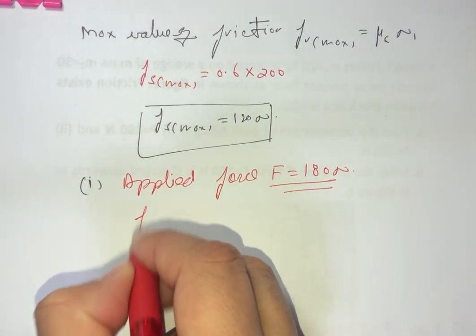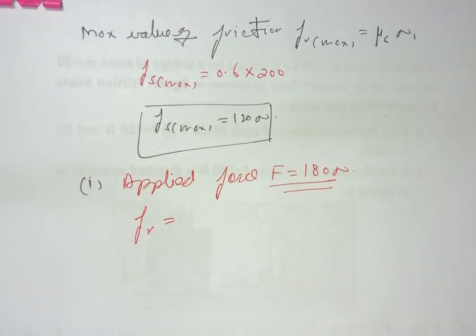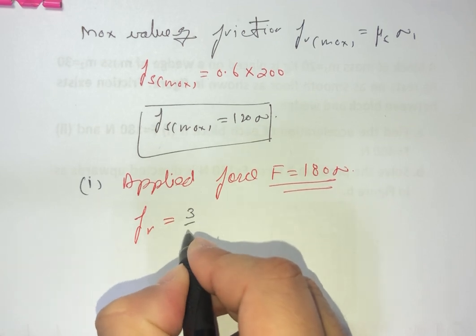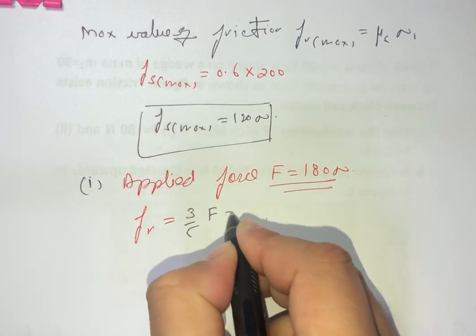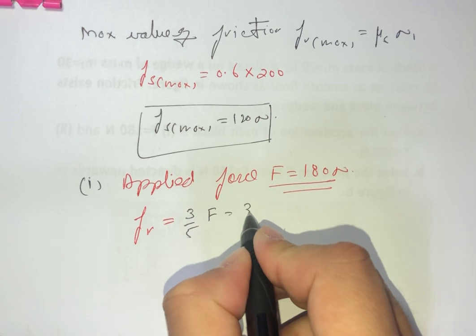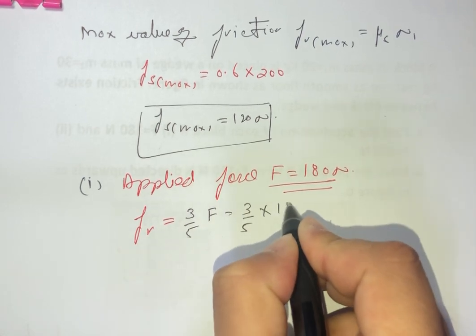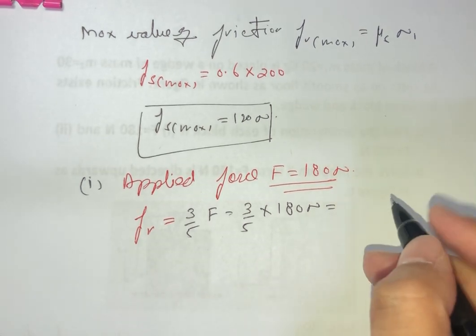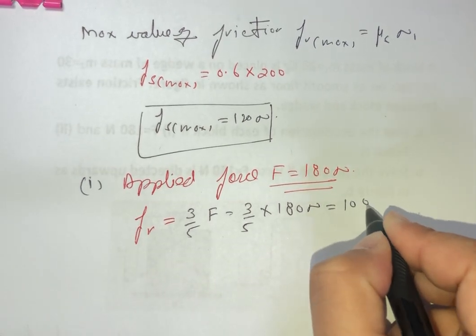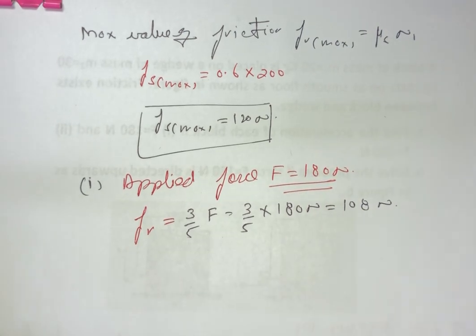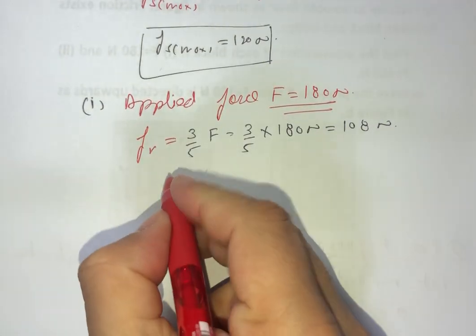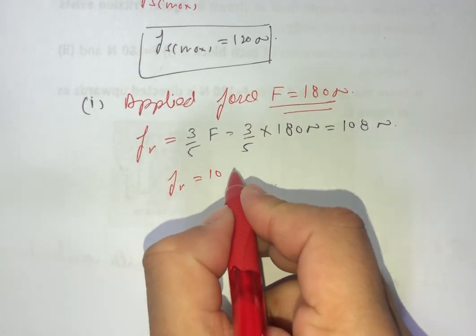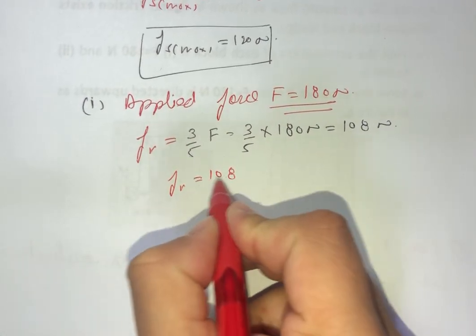We can say that our Fr is equal to 3 by 5 F. We substitute the value of F, we get 3 by 5 multiplied by 180 Newton, which comes to 108 Newton. So the value of the friction when force 180 Newton is applied is 108.